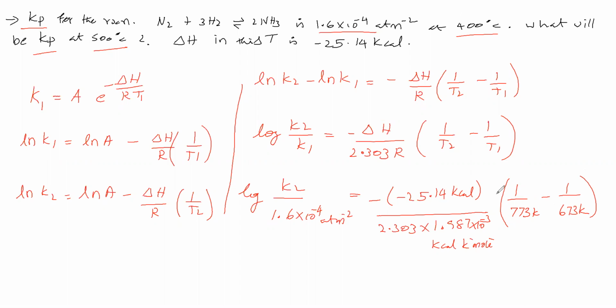We have substituted the temperatures. Now we can simplify and get K2, the equilibrium constant at 500 degrees Celsius, which is 1.462 into 10 to the power of minus 5 atmosphere power minus 2.